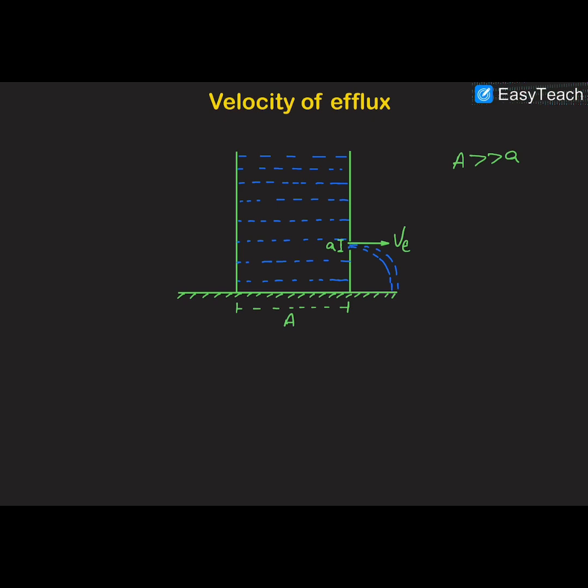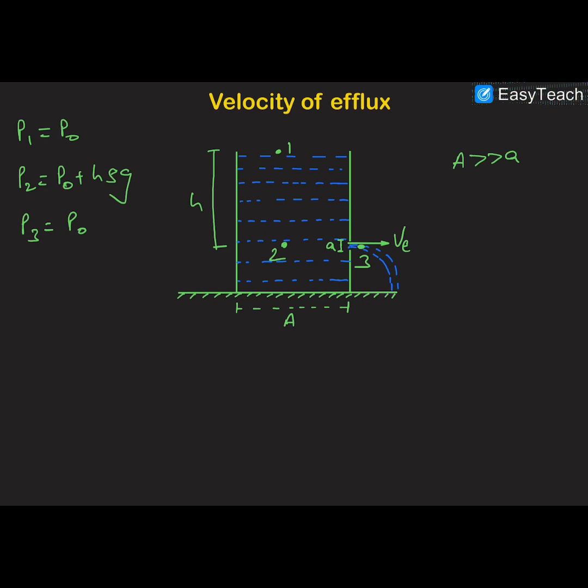First of all, we write down the pressure at point 1. At point 1, the pressure will be equal to P naught, where P naught is the atmospheric pressure, and this is point 2. If this depth is H, the pressure at point 2 will be P naught plus H rho g, and this is point 3. The pressure at 3 will also be equal to P naught, because 3 is just outside this container.